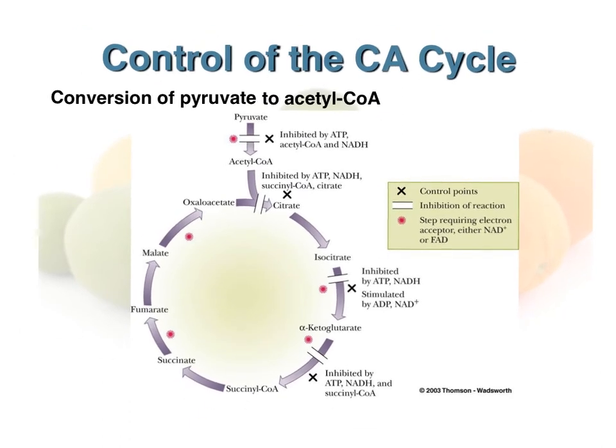It shows you the relative locations where stuff occurs, so you can see the big scheme of things. They don't have the enzyme names in there, but you could probably use this to quiz yourself on the enzyme names and functionalities, and how you get the ATP, like where's the GTP and all that kind of stuff.